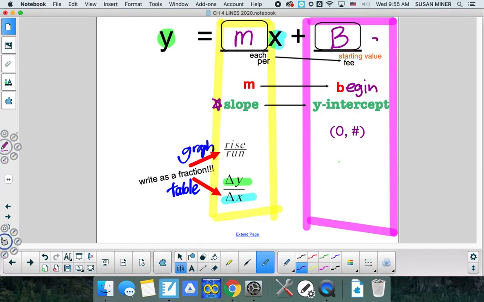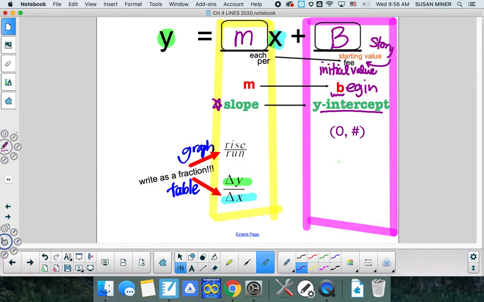And in a story problem, we looked for certain words that represented our b value. Starting amount, fee, we said it could be initial value or an initial amount. So in a story problem, this number is represented by those words. Well, in math, we use the letter b to represent this number, and we call it our y-intercept.